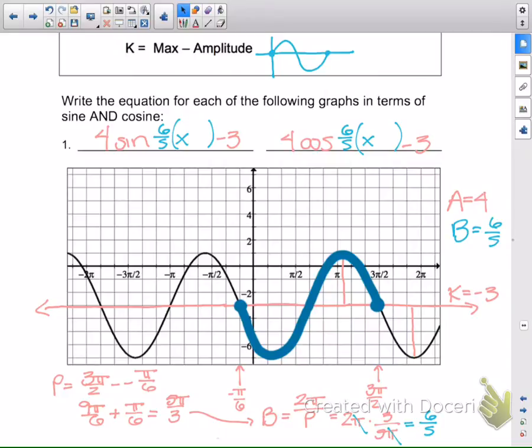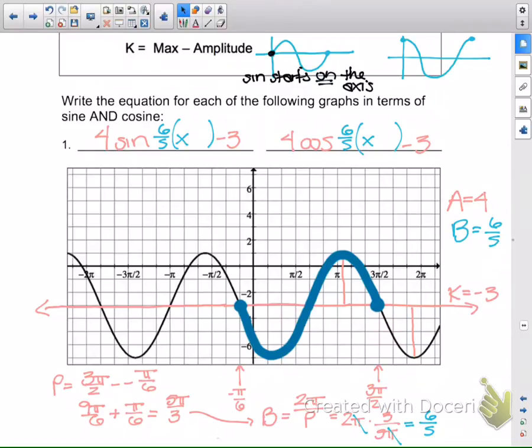Okay, let's do the same thing for a cosine graph. Where does my cosine graph start? Up at a maximum, it goes down into the minimums, and then ends back up at a maximum again, like that, right? All right, so 2 things you need to know for each of these. When you are writing a sine function, which we're writing a sine and a cosine, so we need to know both, sine starts on the axis.